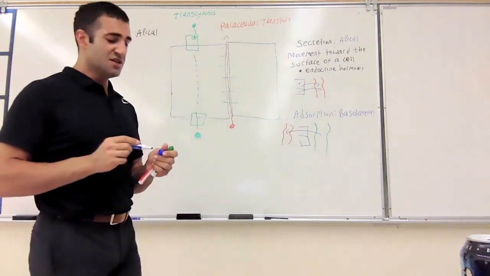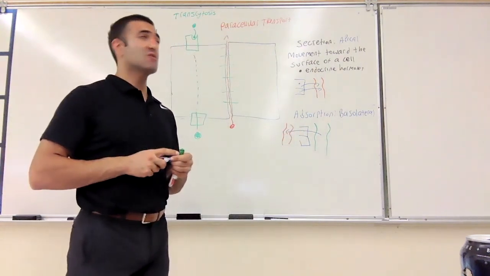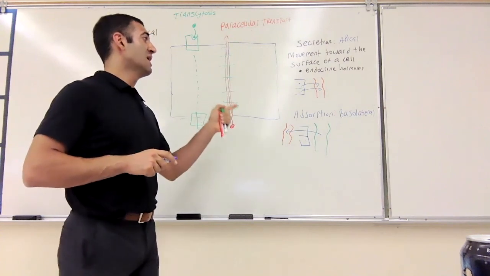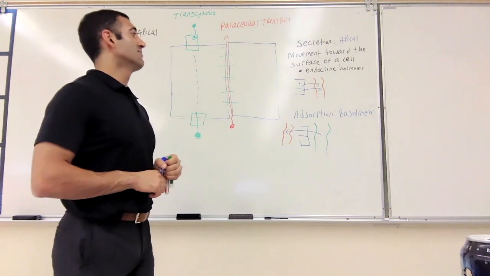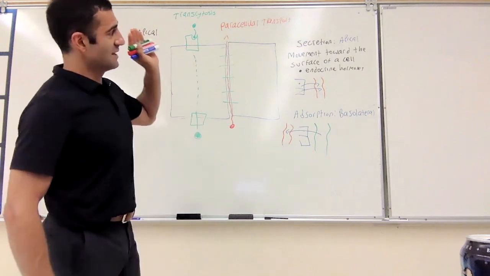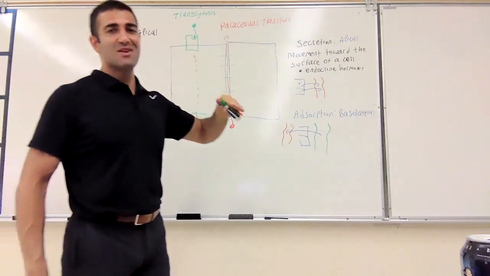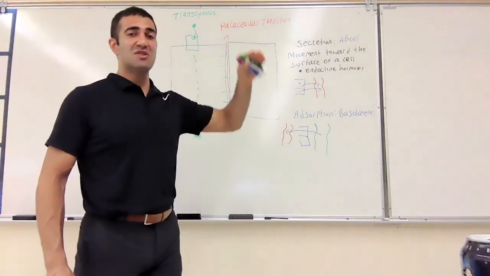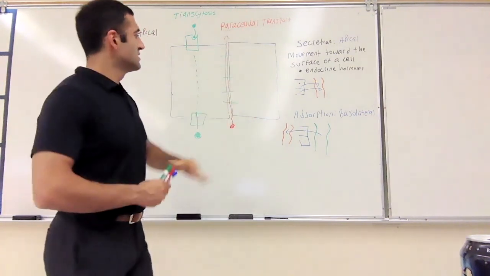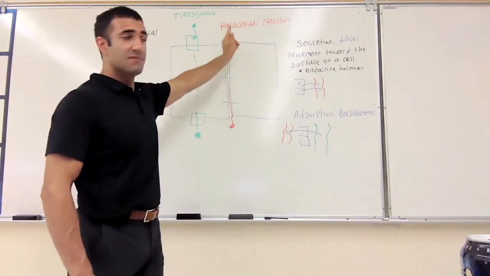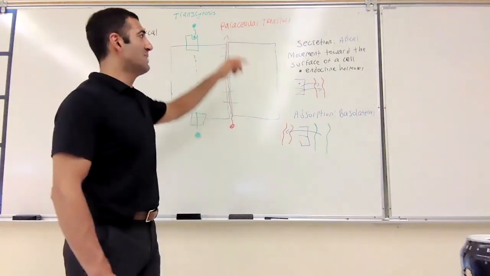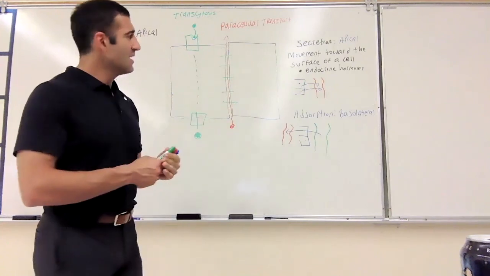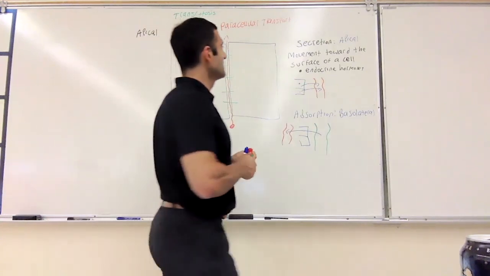So secretion is when something goes from the basolateral side to the apical side. So from here to here. Absorption is when something goes from the apical side to the basolateral side. In fact, let me go ahead and clarify that.